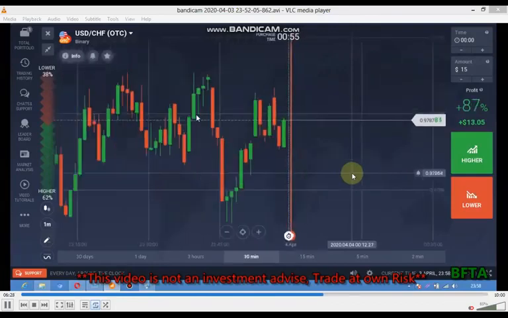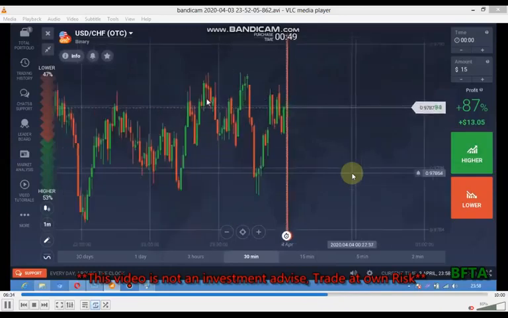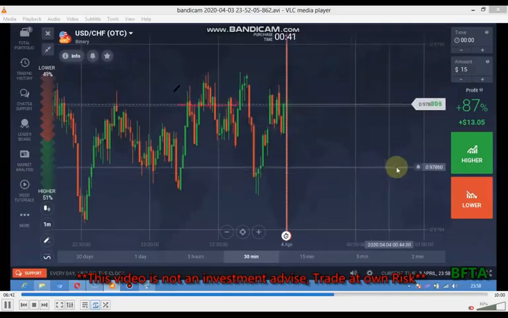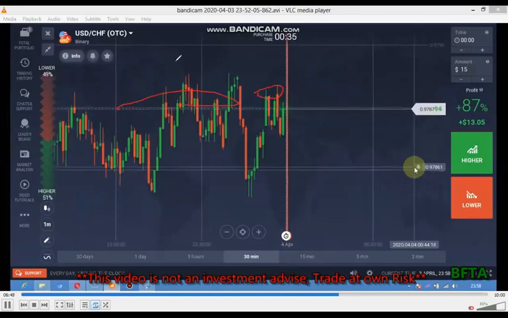So I was now focusing on this level. I didn't check this one again. I'm focusing on this level here because the sellers that were here before are now here, in this area. That is where I'm focusing now when I'm seeing this bullish candle forming.